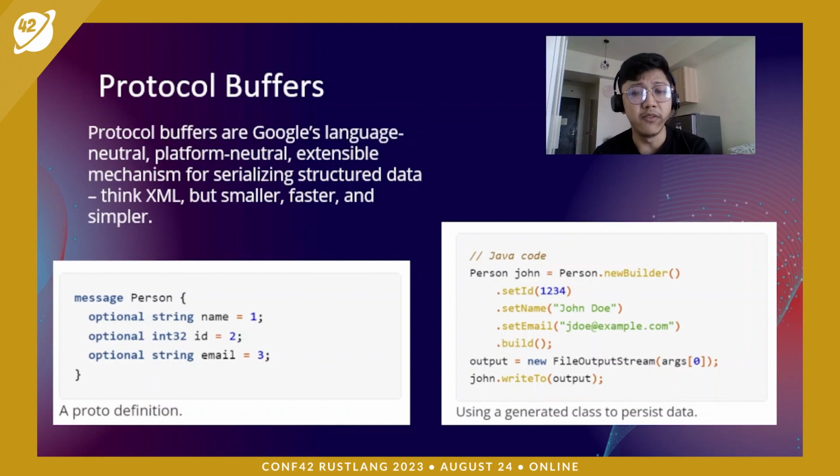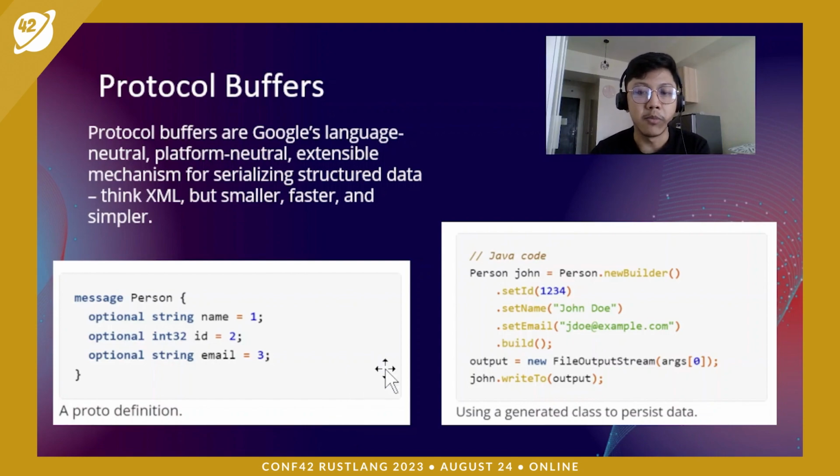You can see from the left image an example of how protobuf is defined. In this definition, we have person as our object with members name having string data type, ID with int32 data type, and email with string data type. On the right side, we can see how it can be used in the code.